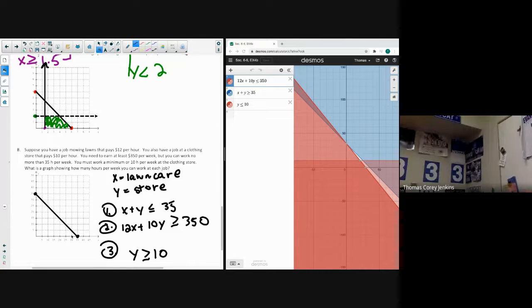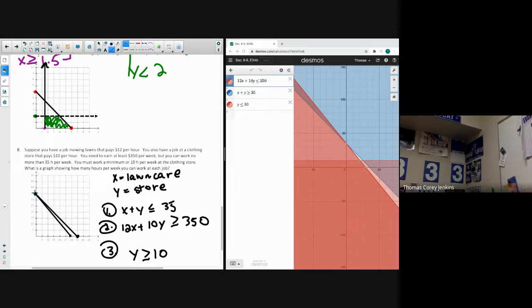That's 30 right there, so I'll put my x-intercept right there and go from there up to the same y-intercept as the other line. That gives us that flashlight kind of looking part of it.